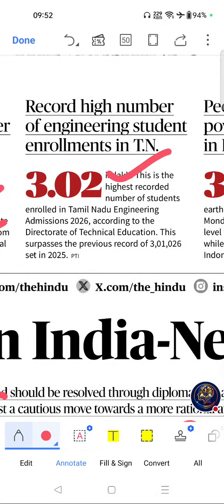Record high number of engineering students enrollment in Tamil Nadu. The exam relevance is higher education, technical education, and human capital.